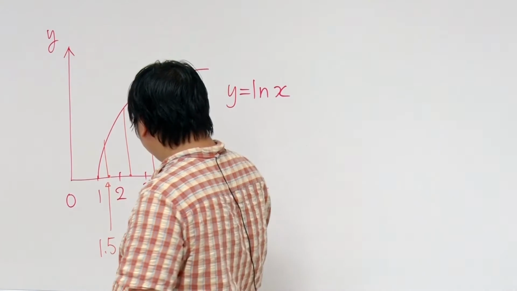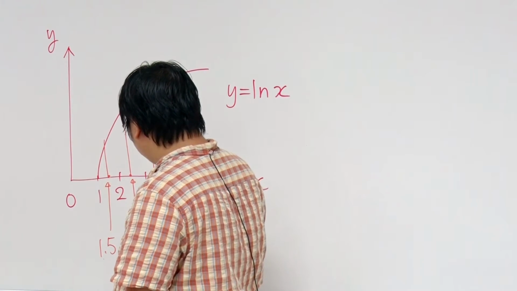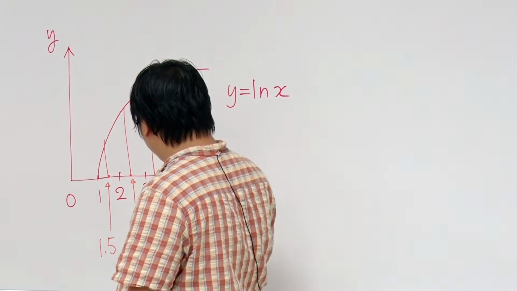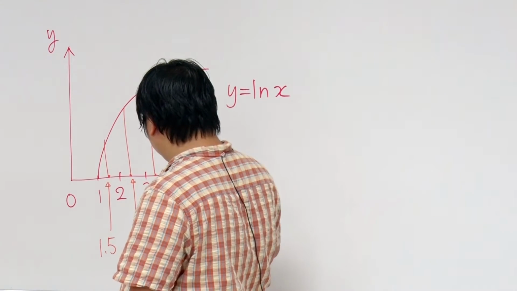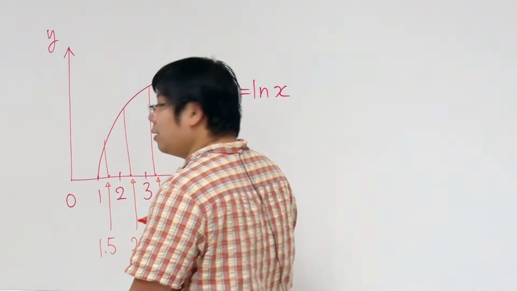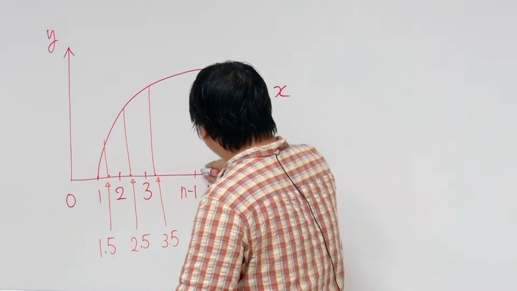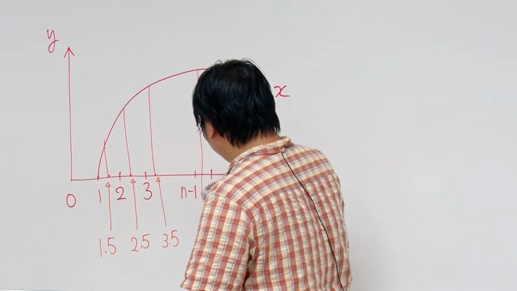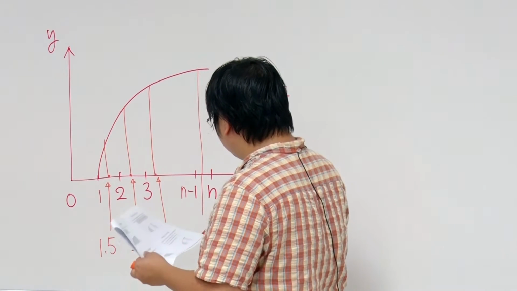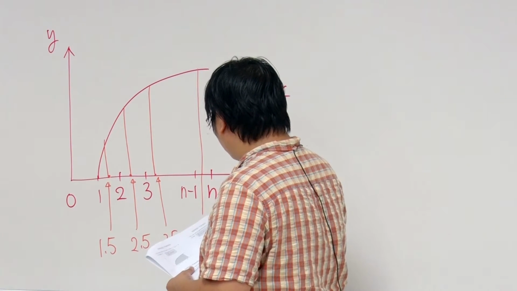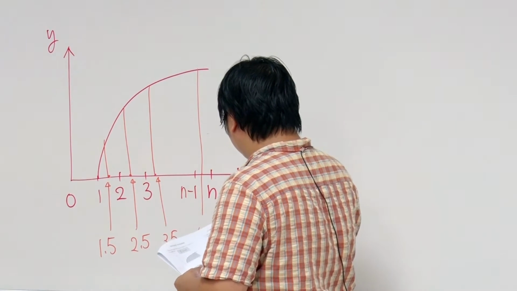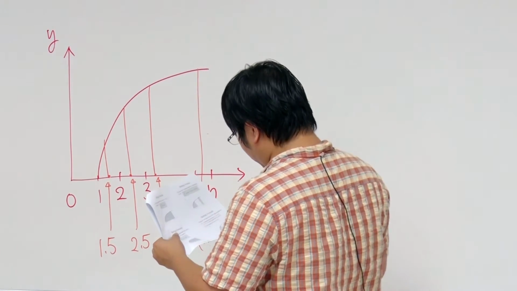Is that okay? So this point is 2.5. This point is 3.5. And for this one, this is n minus 1 plus 0.5. Is that okay?